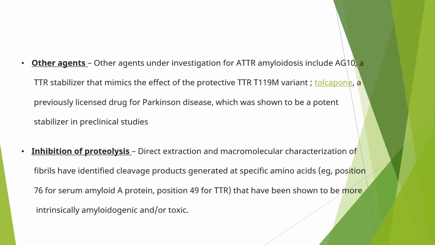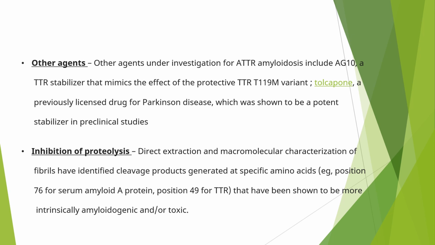Other agents that are used for ATTR amyloidosis include tolcapone, which is a drug that we all know is used for Parkinson's disease, but it's also a TTR stabilizer that mimics the effect of the protective TTR T119M variant. So this drug is also shown to be a potent stabilizer in preclinical studies.